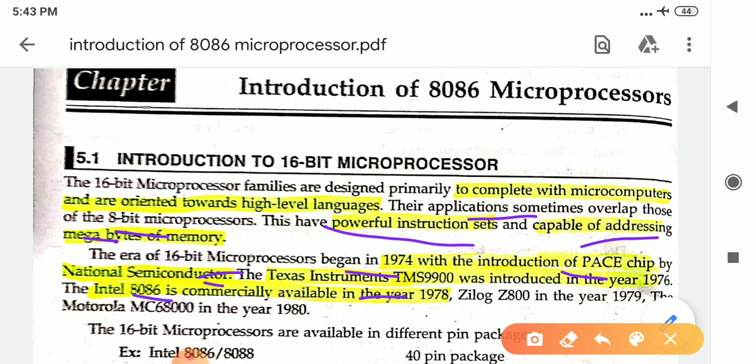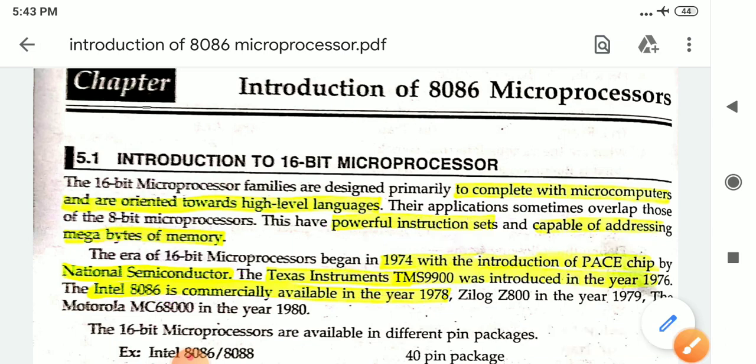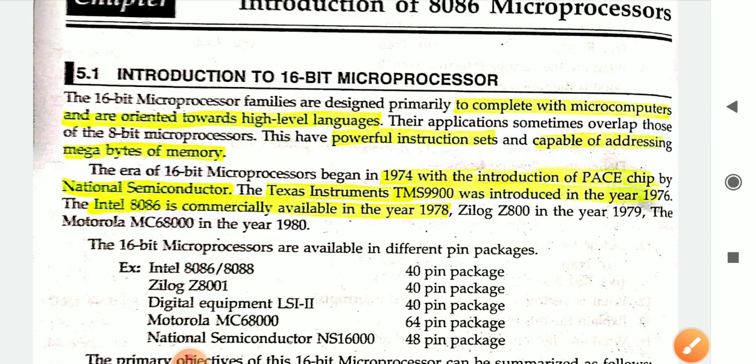The Intel 8086, a 16-bit microprocessor, became commercially available in 1978, and the Zilog Z8000 in 1979. The Motorola MC68000 was introduced in 1980.